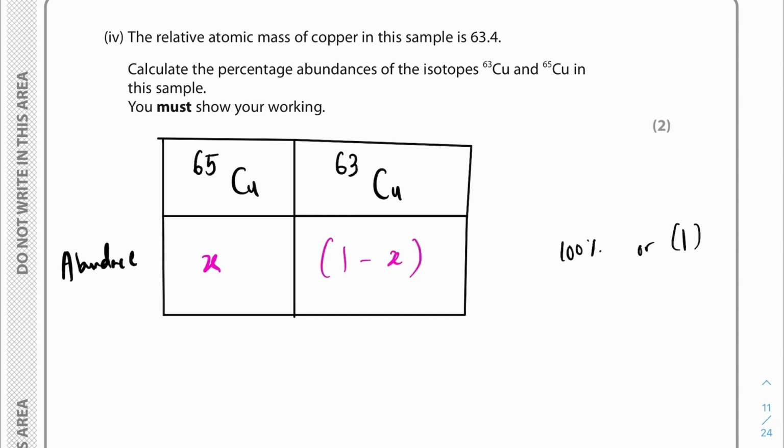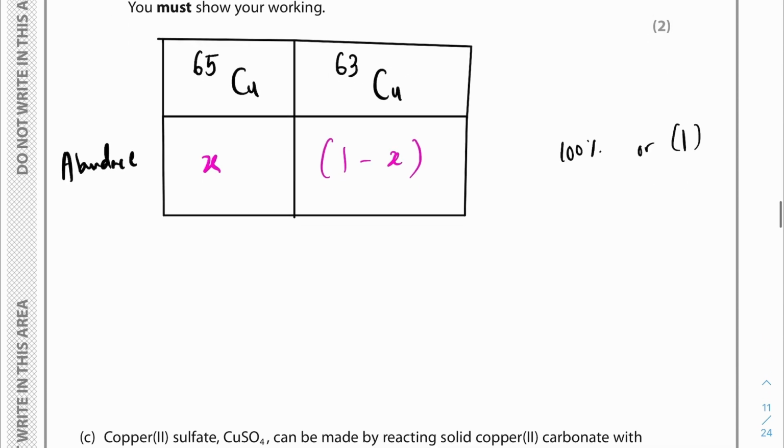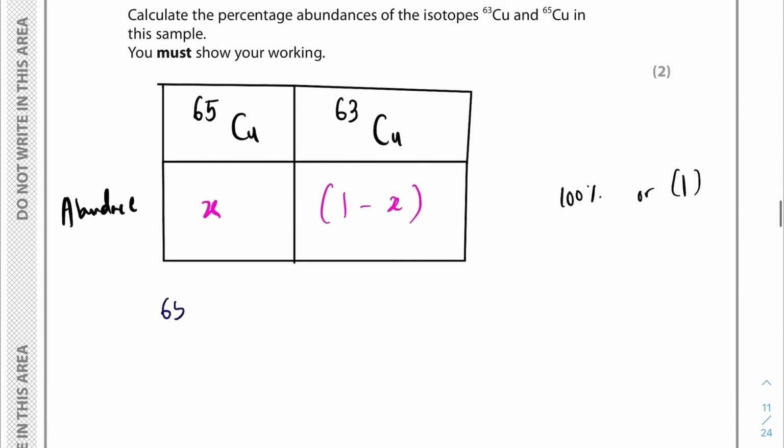So if you imagine this was, let's say, 0.3, this must be 1 minus 0.3, which is 0.7, to add up to 1. Now, that's just an example. We don't know what X is, but what we do know is we have 65X plus 63 times 1 minus X, and we end up with 63.4.